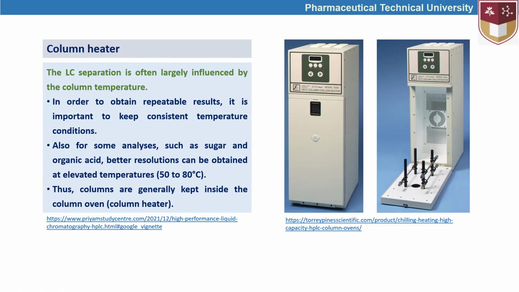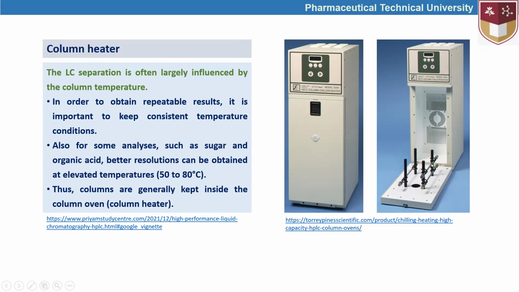In some cases there could be some deviation in the temperature that could affect the retention time or the viscosity of the eluent solvent, and there could be discrepancies in the retention time of the samples. That is why columns are provided with column heating or column chilling tools.